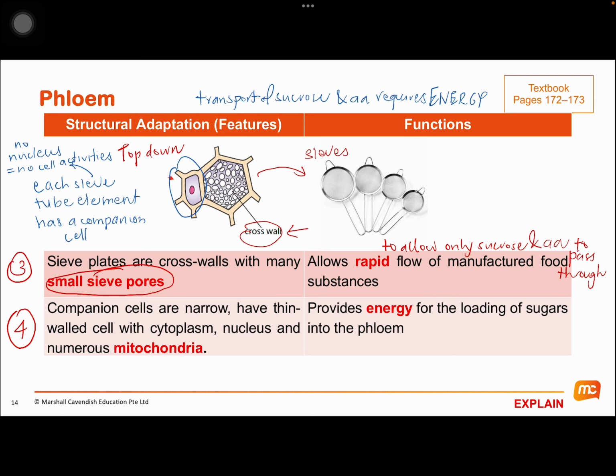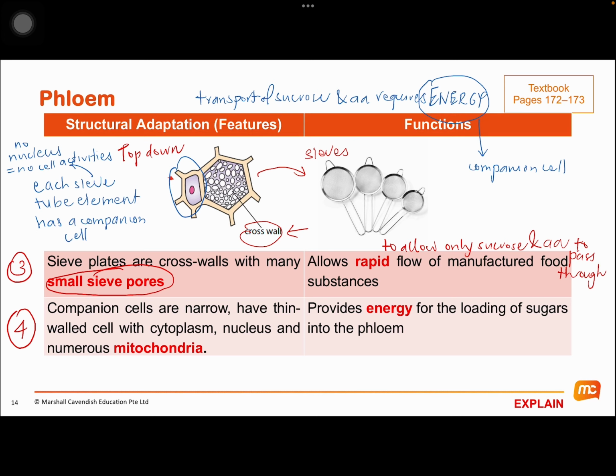So where does the energy come from? The companion cell. Imagine if one person is not good with running, the most ideal is always to have another friend to run along to push you and encourage you. So the companion cell works the same way.